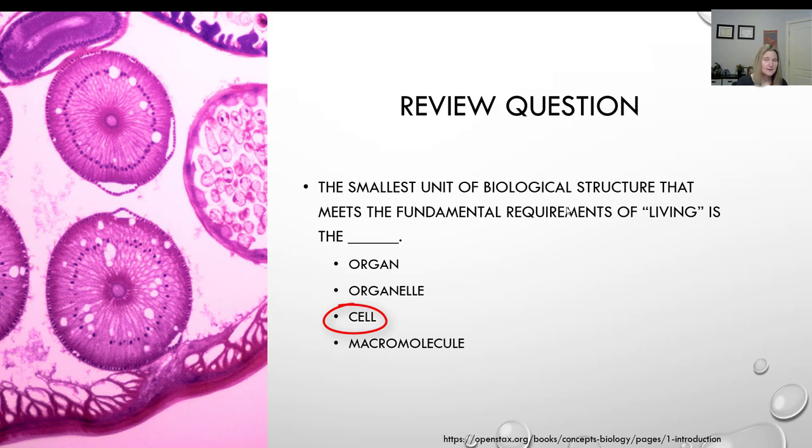Macromolecules are not considered living because, again, they don't have all the properties of life. So the cell is the first stage of our levels of organization that we can consider living. Anything above that is also considered living, but anything below that, like organelles, macromolecules, molecules, or atoms, is not considered alive.